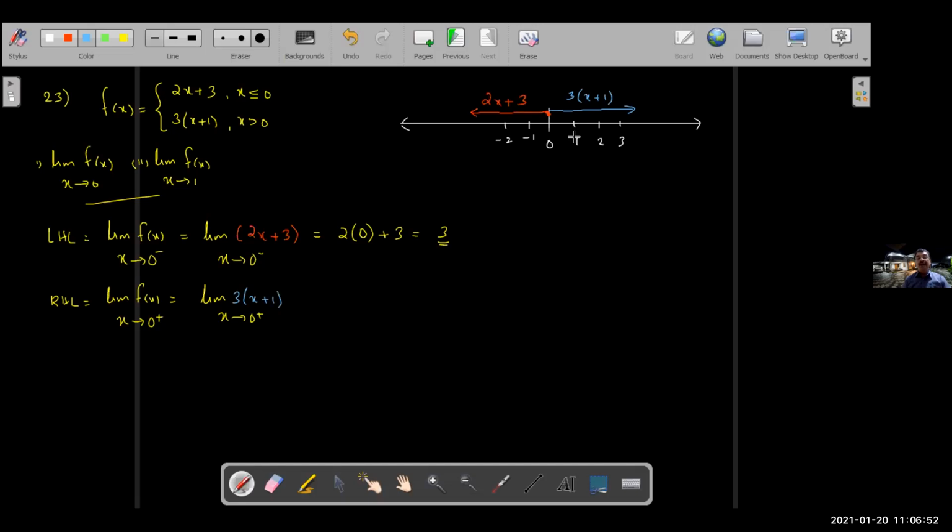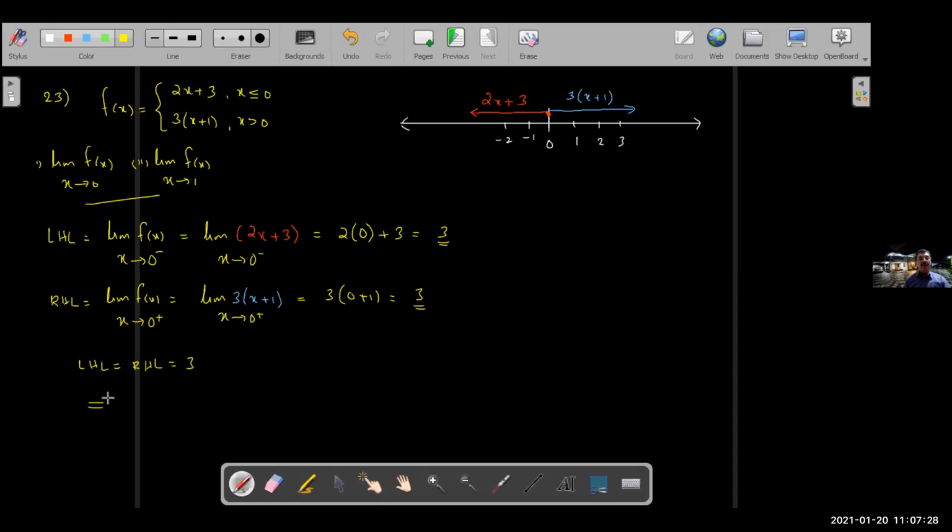Towards right of 0, you can see here the function is 3 into x plus 1. Left of 0, it is 2x plus 3. Right of 0, because 0 minus means left of 0 and 0 plus means right of 0, from the figure you can see 3 into x plus 1. This is 3 into 0 plus 1, that's also 3. So we got left hand limit and right hand limit equal to 3.